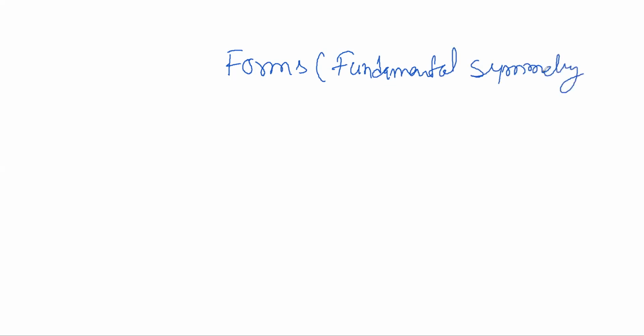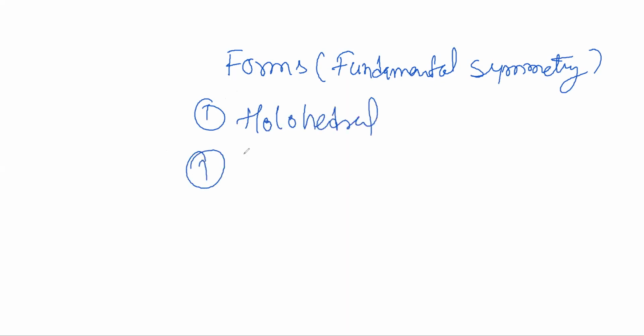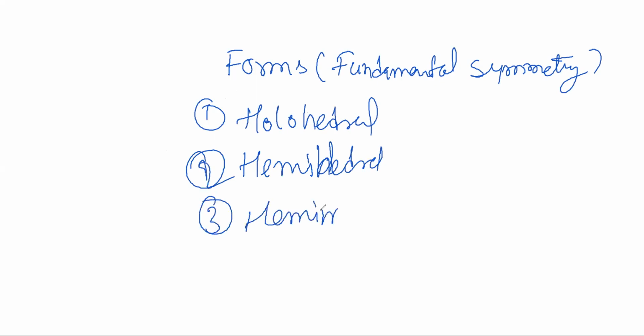On the basis of symmetry, or the number of symmetry elements present in the different forms or different classes of a crystal system, it is 4 types: holohedral, hemihedral, hemimorphic, and fourth, enantiomorphic.